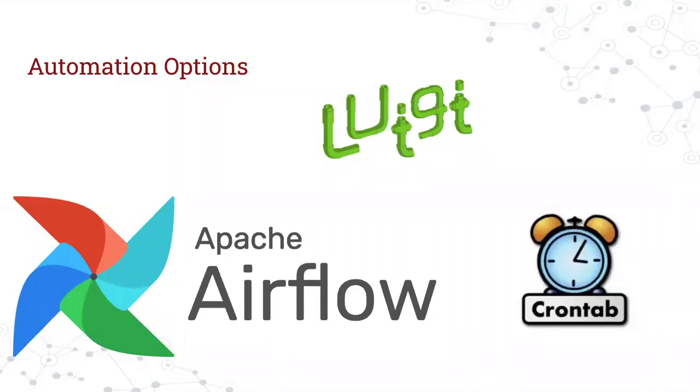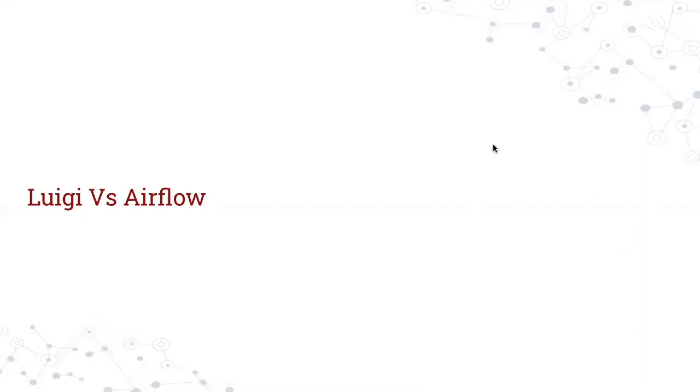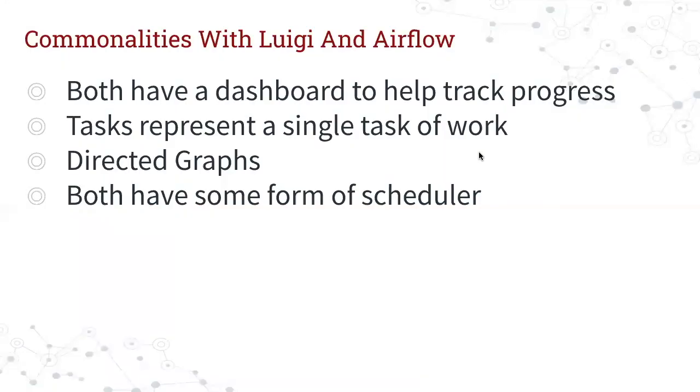So let's keep going and talk a little bit about Apache Airflow and Luigi here for a second. So Luigi versus Airflow. Some commonalities between them both. Both have some sort of dashboard that helps you track progress and lets you see what they call the directed acyclic graph, which is just basically each task as it goes forward and what it depends on. So both Luigi and Airflow allow you to create dependencies.